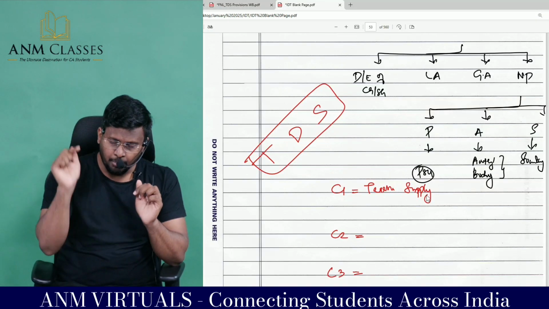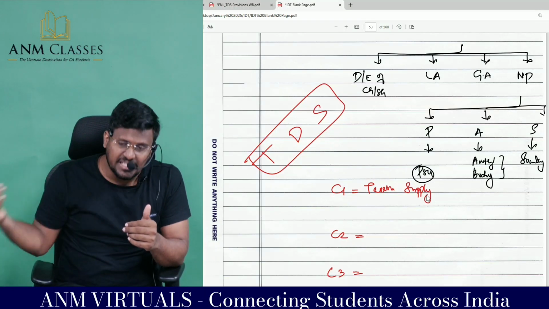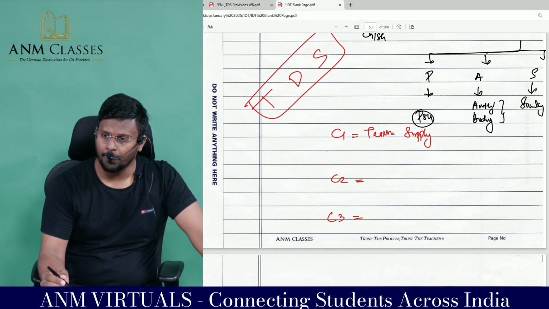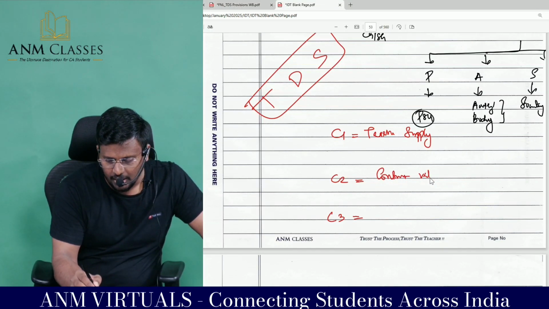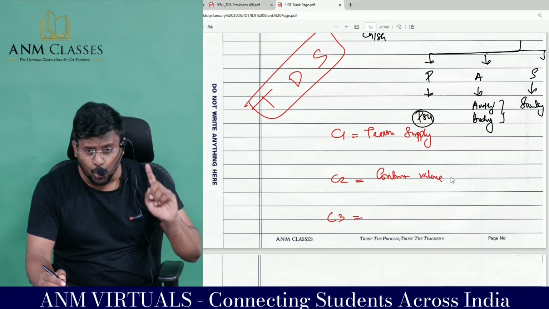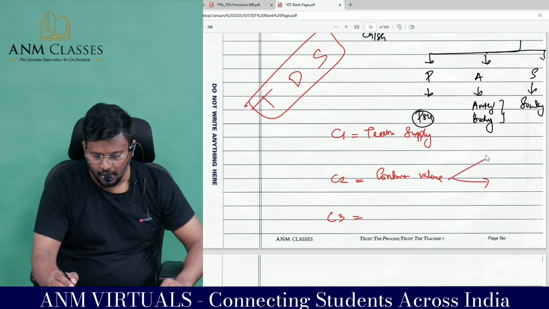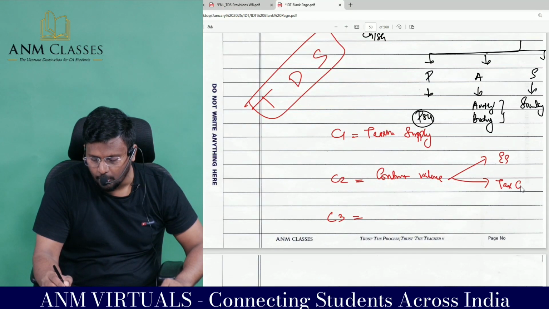If they are supplying both taxable and exempt supply, you have to exclude the exempt supply and see the taxable supply. Number 2, the condition number 2 is the contract value. When you are considering the contract value, you should not include 2 things. Number 1, exempt supply and also the tax component.